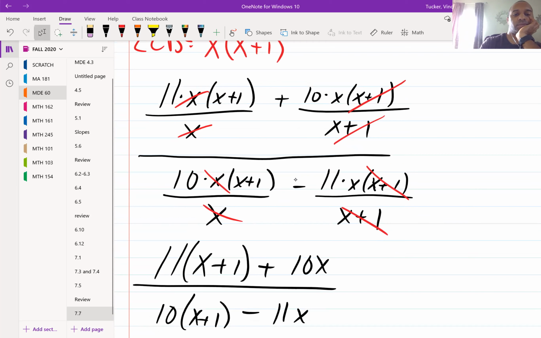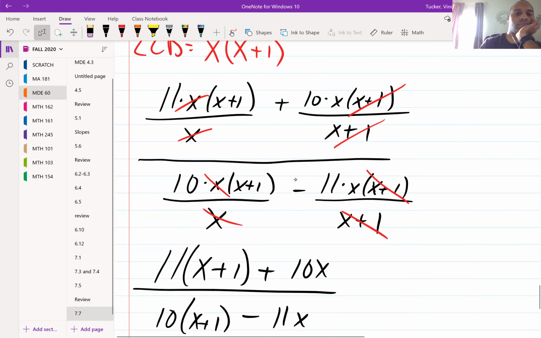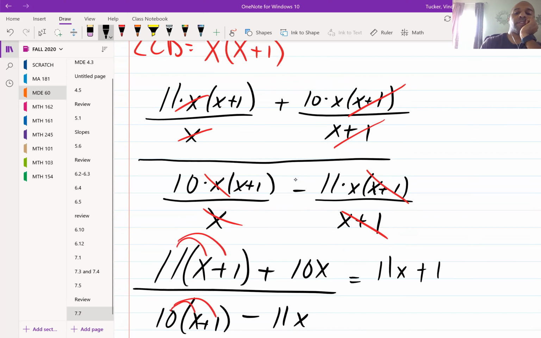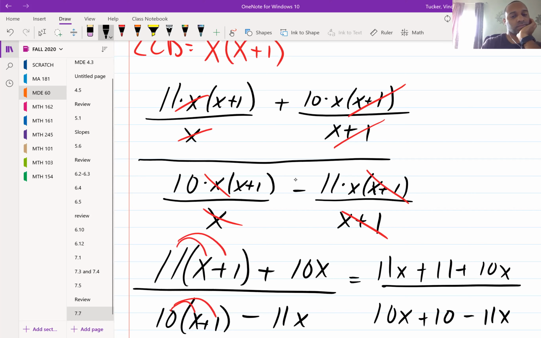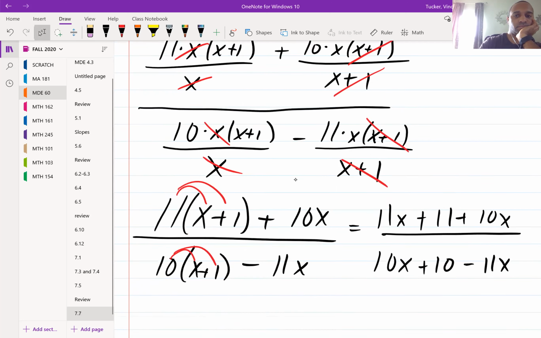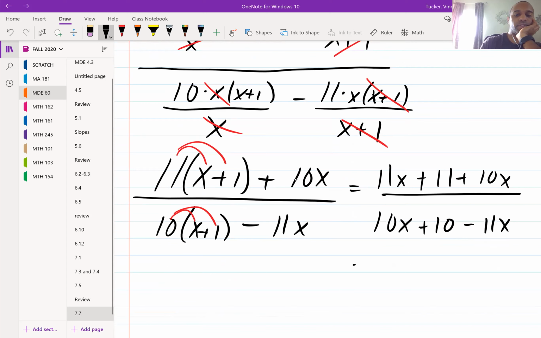Still right. So now we can distribute. We combine the like terms. 11x plus 11 plus 10x, over 10x plus 10 minus 11x. And we can finish it off.